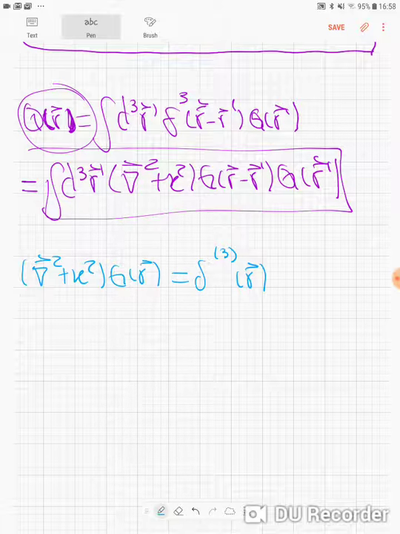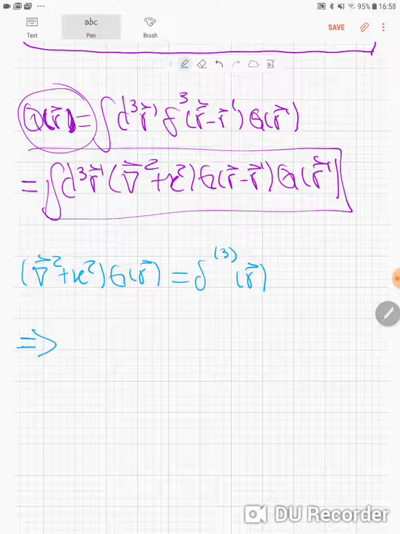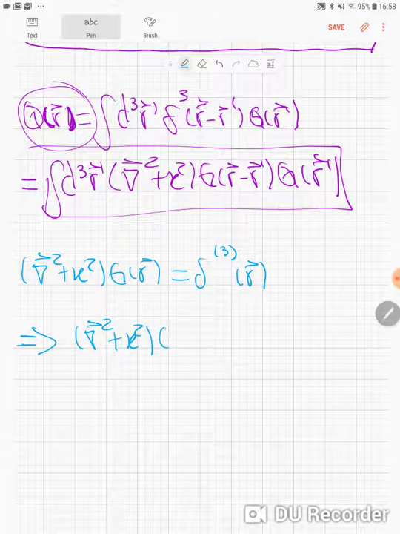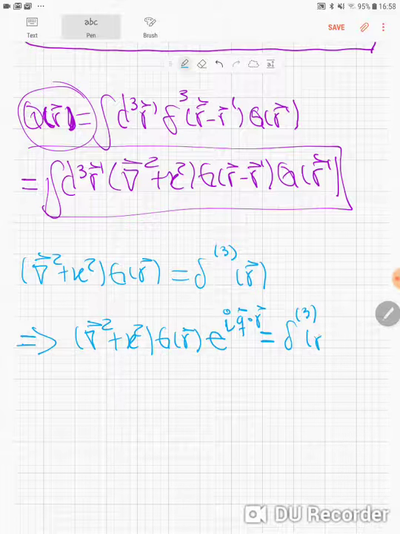Okay, so then this will give us, let me move this here because it's kind of uncomfortable. So then Laplacian plus kappa square G of r e to the i q dot r is equal to delta 3 of r times e to the i q dot r.